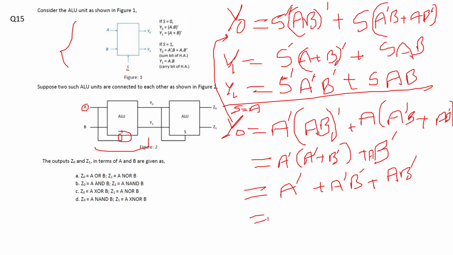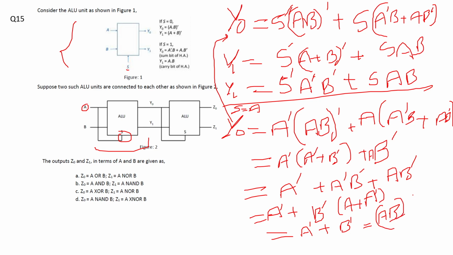This is A complement plus B complement taken out. A plus A complement will be 1. So this is A complement plus B complement, and A complement plus B complement is simply A B complement. So this is my y0.